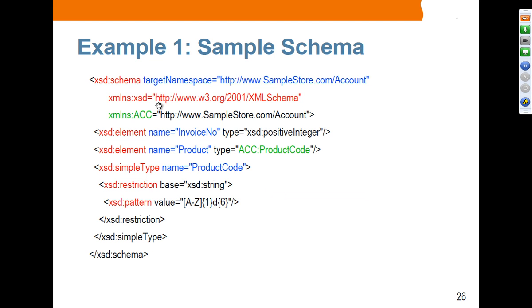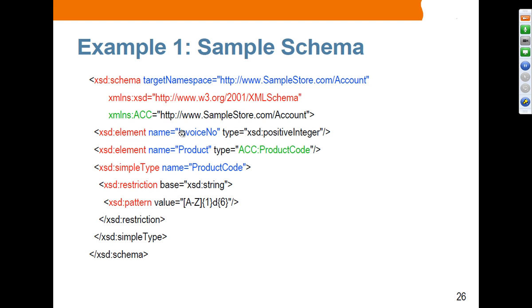So here it does define the source namespace, or external namespace. So anything that belongs to this XML schema namespace has to be prefixed with XSD. So element, simple type, restriction, and pattern all belong to this XML schema namespace. So this is an example of a source namespace.